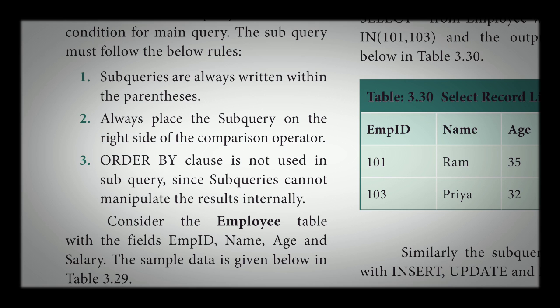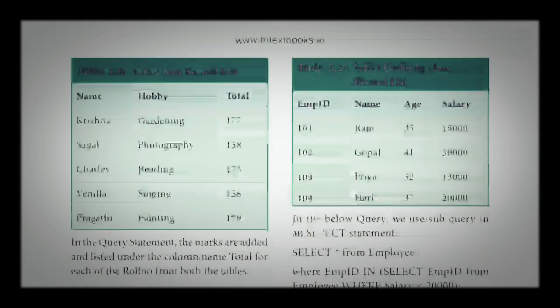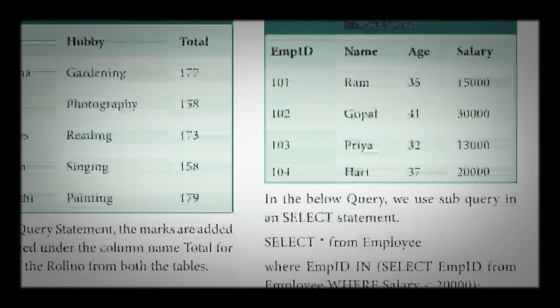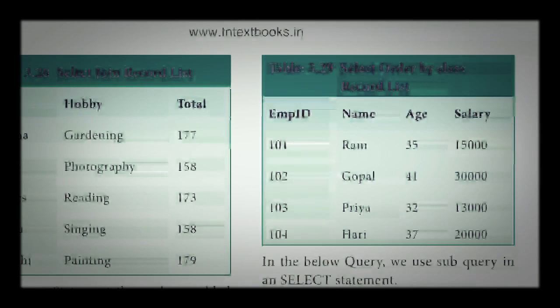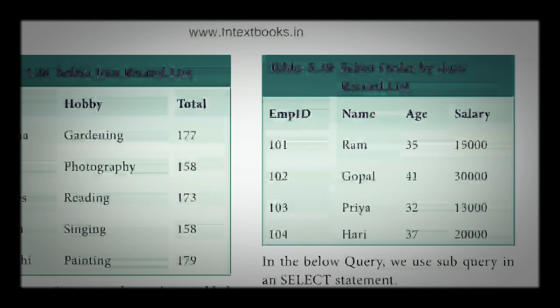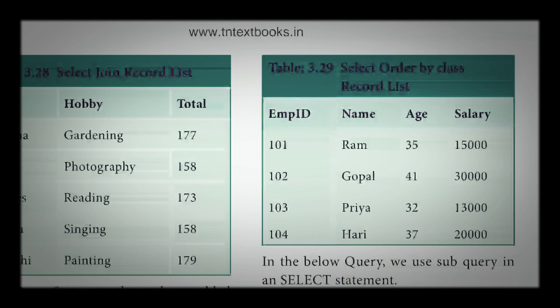Consider the employee table with the fields employee ID, name, age, and salary. The sample data is given below in table 3.29. There are 4 records here.